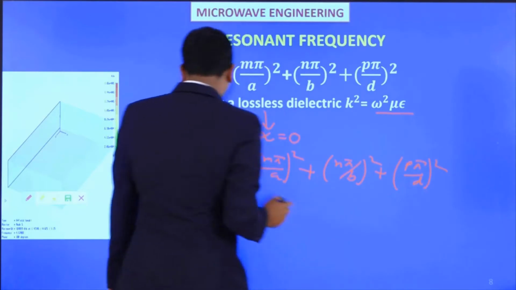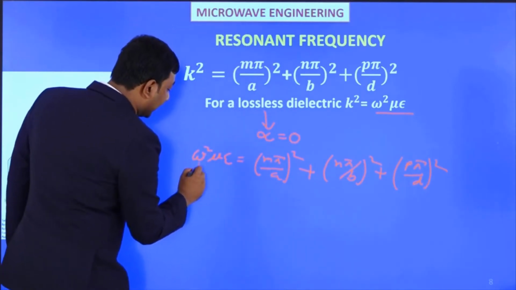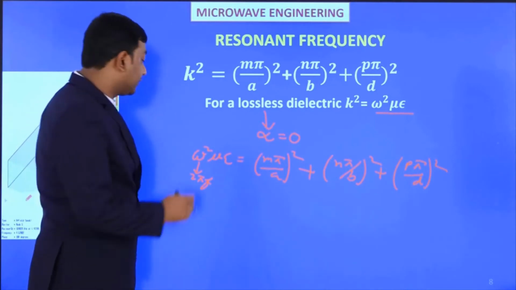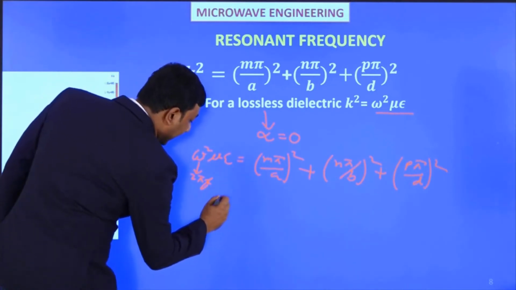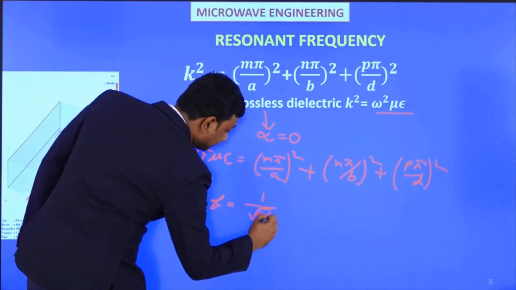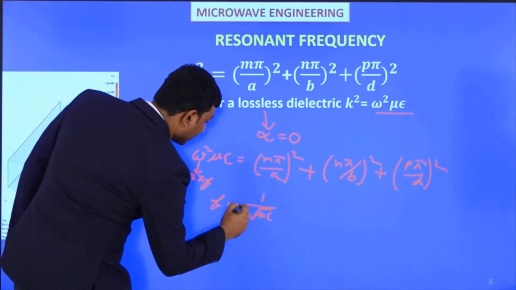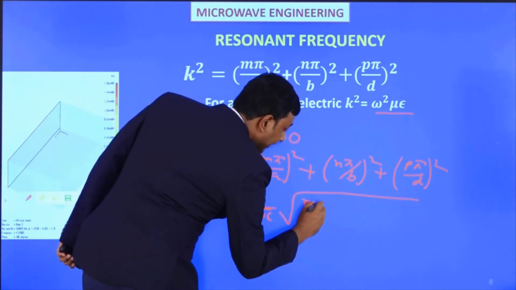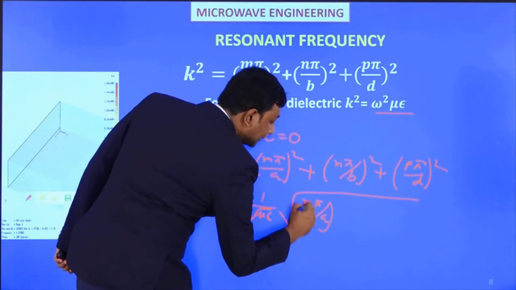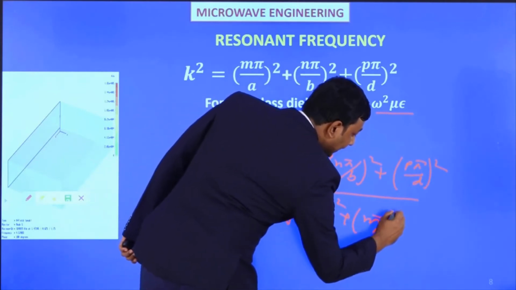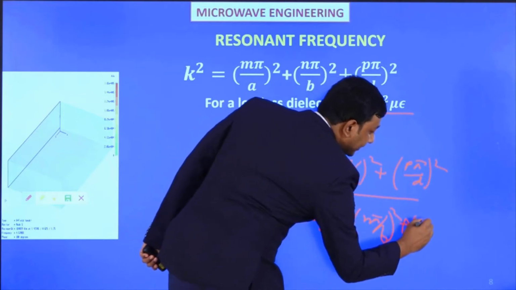And we know omega equals 2 pi f. So from this equation, we can write f equal to 1 by 2 pi root over mu epsilon, root over m pi by a whole square plus n pi by b whole square plus p pi by d whole square.